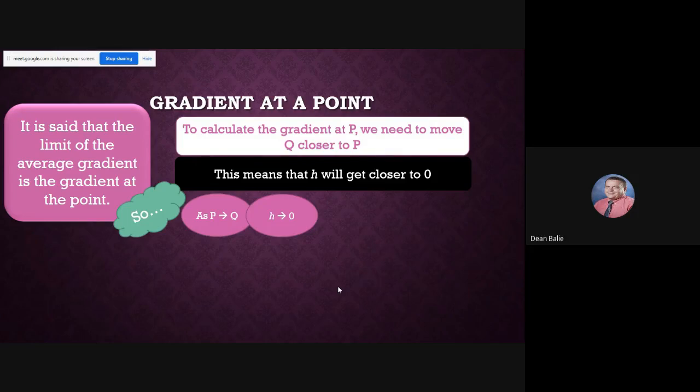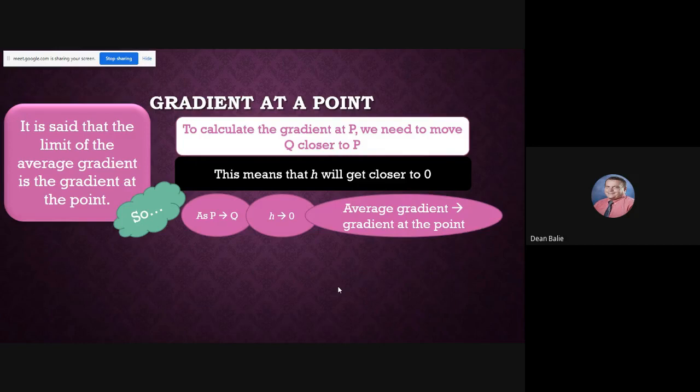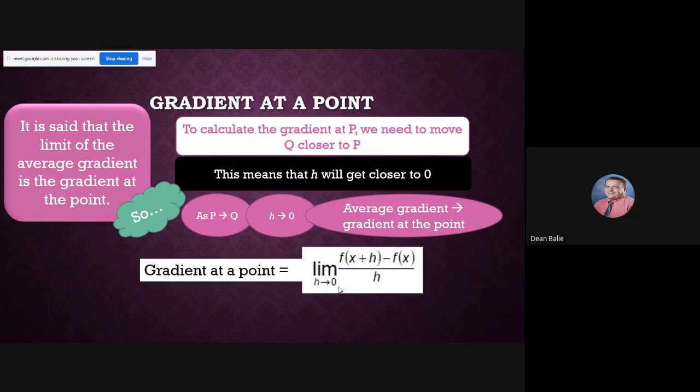And obviously, if P tends to Q and H tends to 0, our average gradient is going to tend towards being the gradient at the point. Okay. So our gradient at a point, we're then going to determine or calculate the limit as H tends to 0.